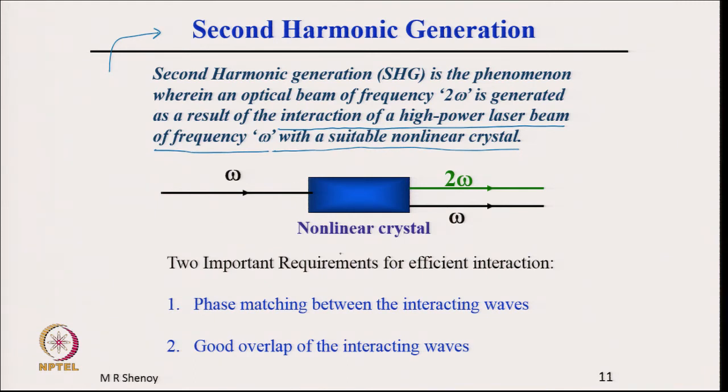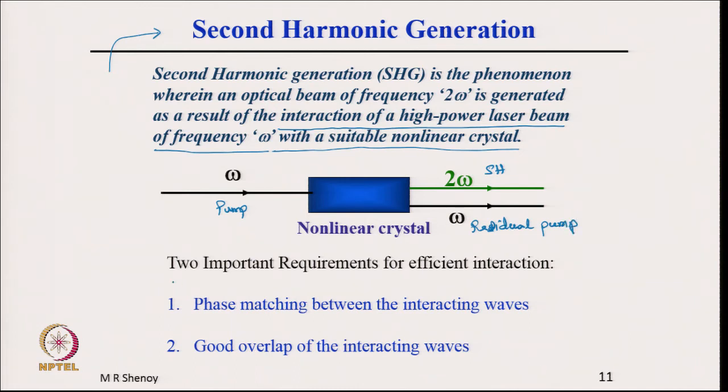I will discuss more about this. So, we have a high power pump at frequency omega, which gives rise to the second harmonic, SH at 2 omega, and the residual pump. This is the residual pump, because as we will see, all the pump power cannot be converted to second harmonic, and therefore, we will always have residual pump coming out.